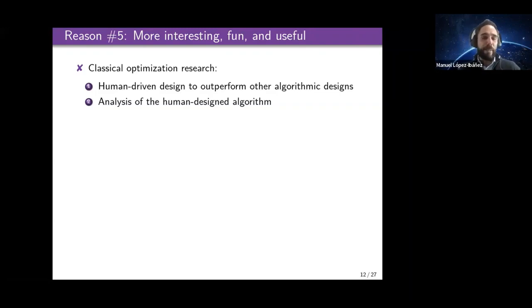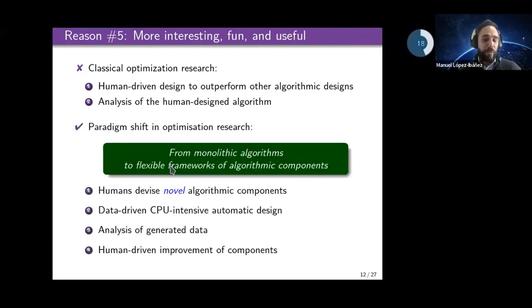And then this algorithm will have a name and will be known with this name. If we have a system that can generate new algorithm designs from components automatically, as I described before, then the perspective changes. There is a paradigm shift there. So if we have this system that can automatically generate new algorithm designs from a library of components, then the role of a human is to devise novel algorithm components that are not already in the system.